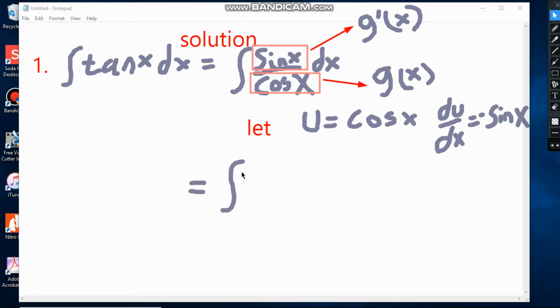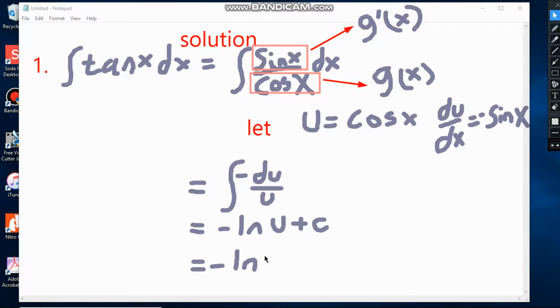So when I substitute back, the integral of sine x dx is equal to negative du, and the cos of x is equal to u, over u. So the integral of du over u is ln of u. So we have negative ln of u plus constant. So what is u? It is cos of x. So we have negative ln of cos of x plus constant.